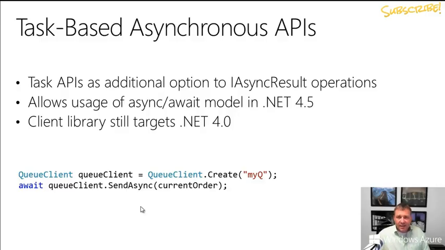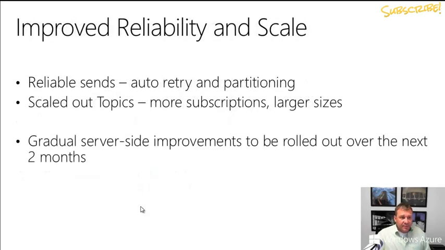But the existing operations begin and end are still there, because the async IAsyncResult API still has some valid uses, and you can do some things in corner cases that are more difficult with the task-based API.